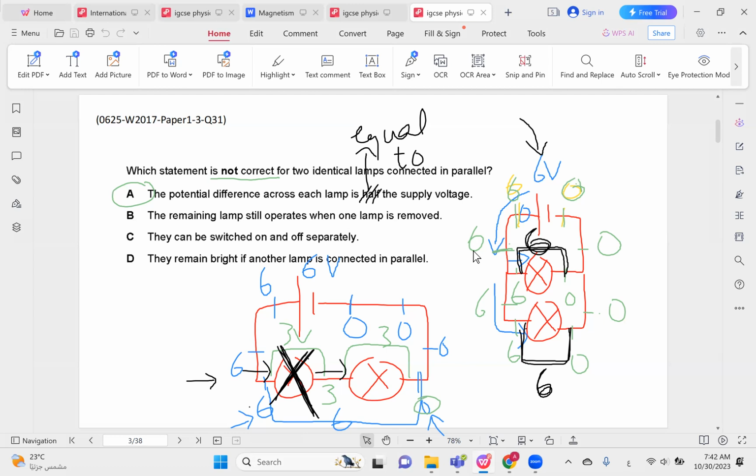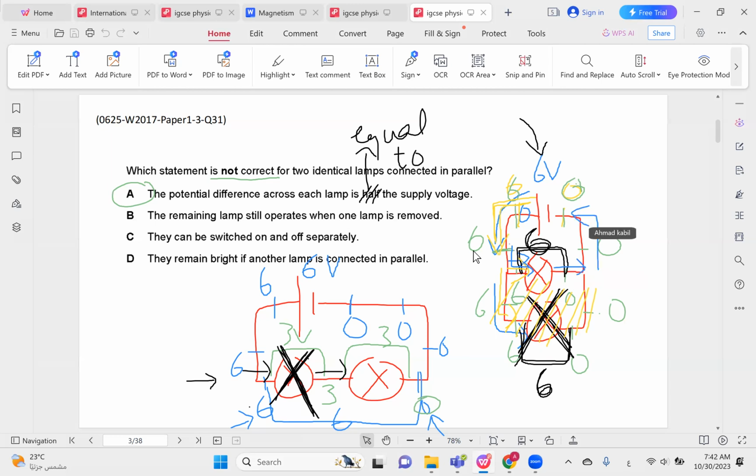However, in a parallel circuit, if one lamp breaks off or malfunctions for any reason, there is no issue with the other lamp because the current will still move this way. But instead of having the option of going here or there, it no longer has the option of passing through the lower lamp, but it can still pass through the upper lamp.